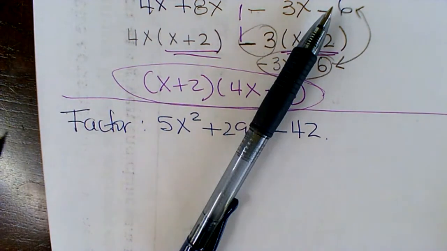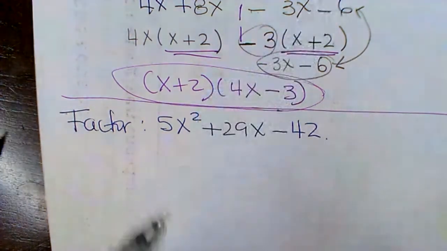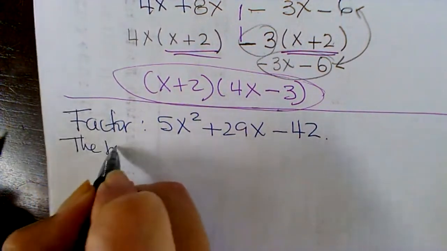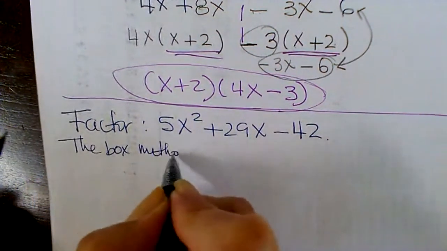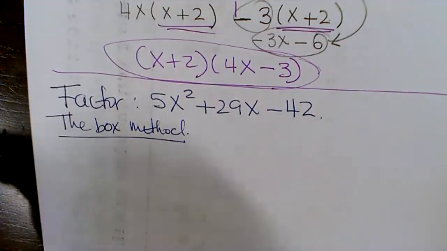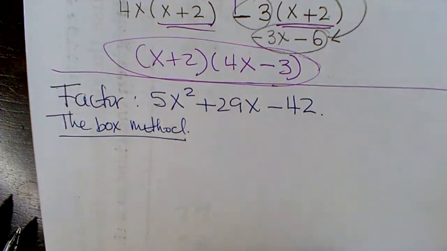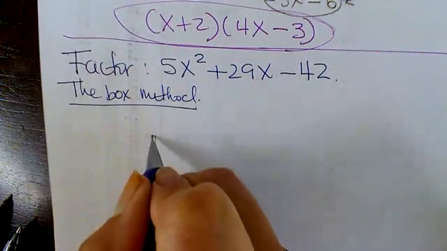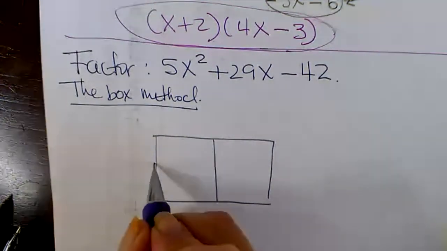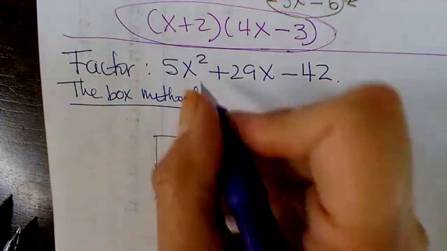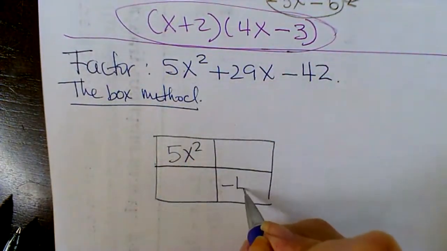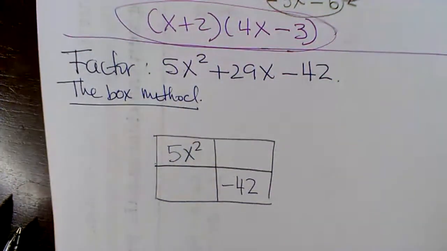So let's do that. We're going to do the box method. The box method says we're just going to create a box. The first term is going to be 5x squared, and the last one is going to go here, minus 42.